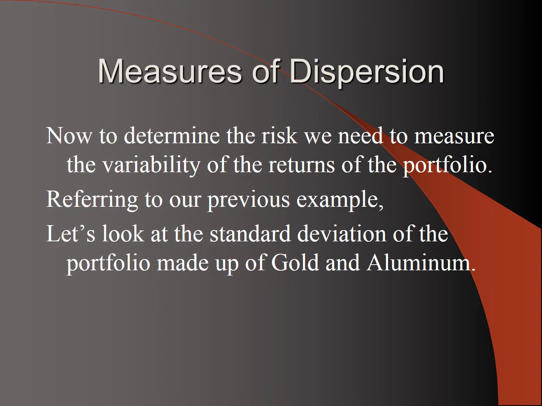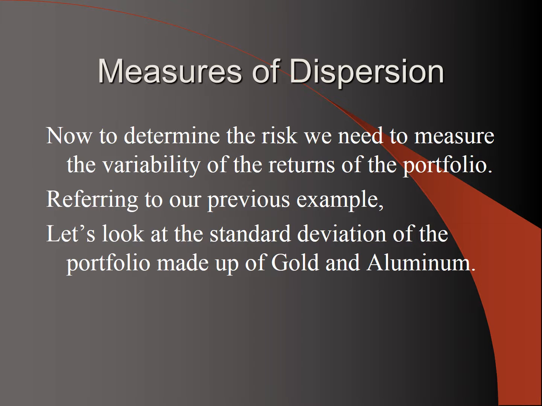So we know how to get the expected rate of return of the portfolio. Now we've got to measure the variability again. And we're going to do that again with the standard deviation, but something changes a little bit. There's something else we have to consider now when we look at measures of dispersion.